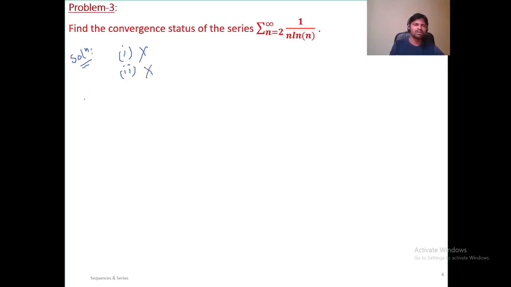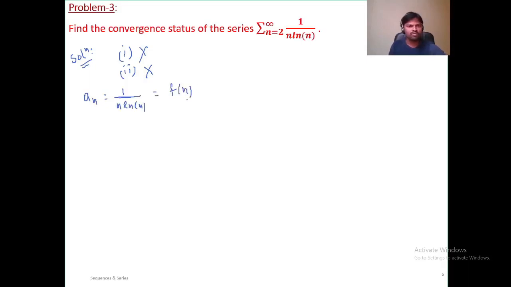So then go to the integral test. In that integral test, before that let me write what an is. an is 1 upon n into natural logarithmic function of n. This an is nothing but f of n. Here n is running from 2 to infinity.